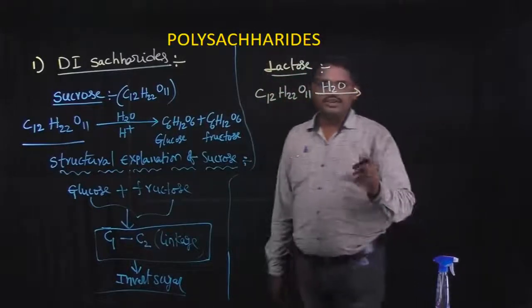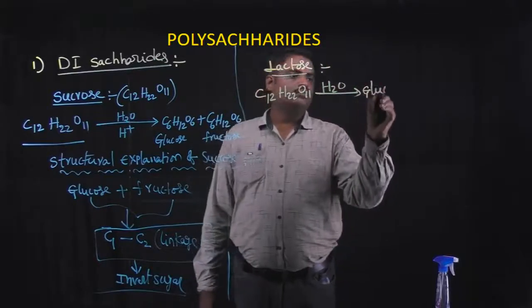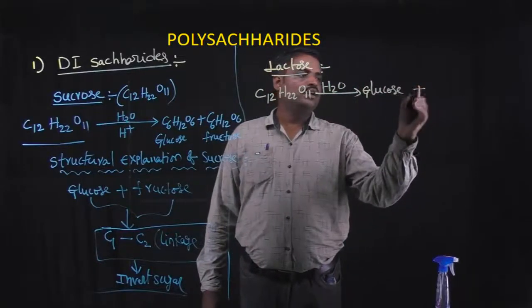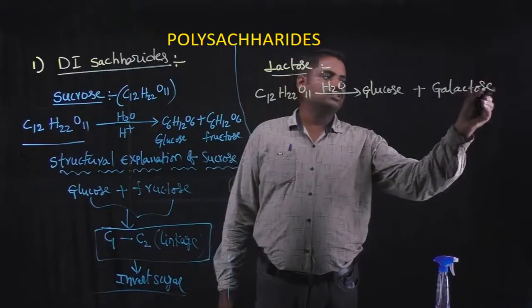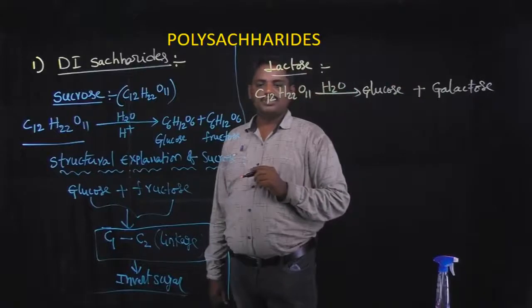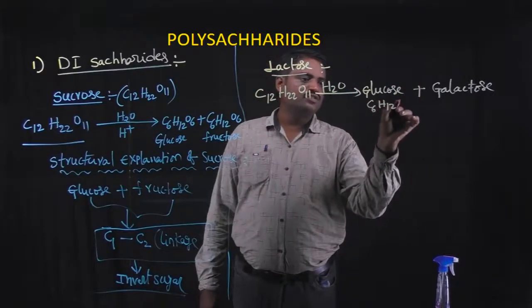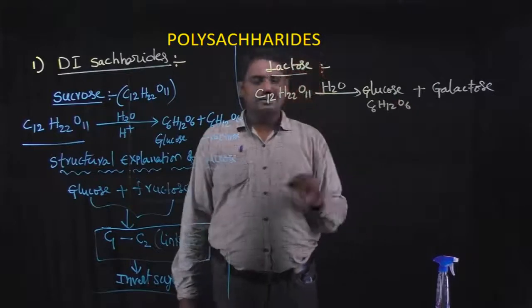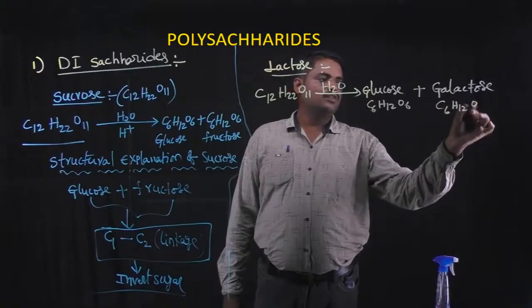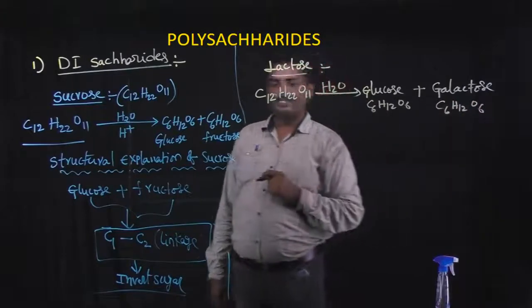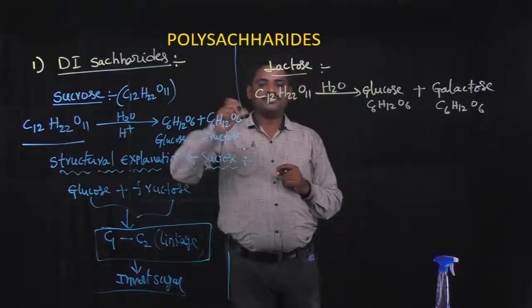One unit is glucose and another unit is galactose. The first unit is glucose, formula C6H12O6, and the second unit formula is the same, C6H12O6. Only the carbon configuration is different.